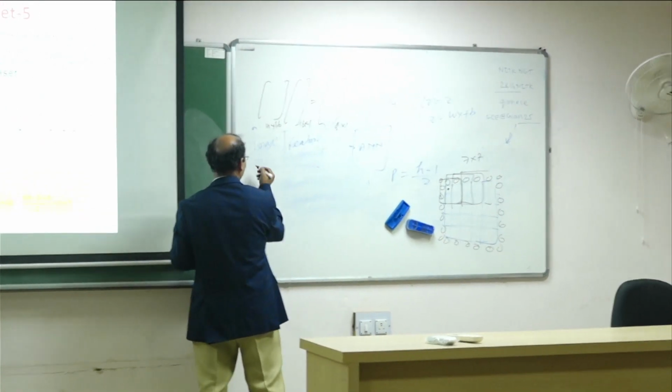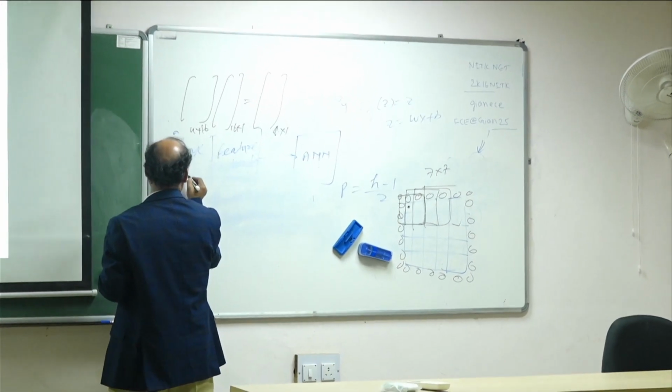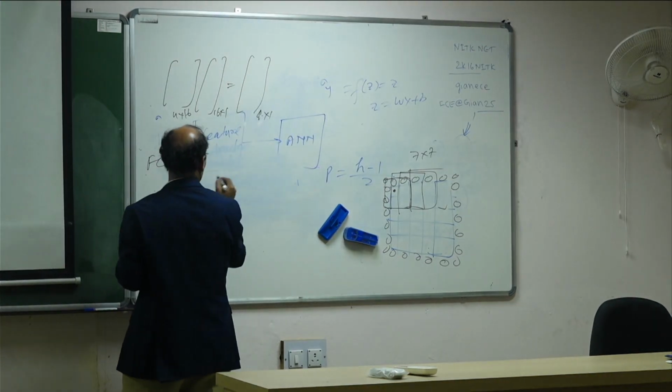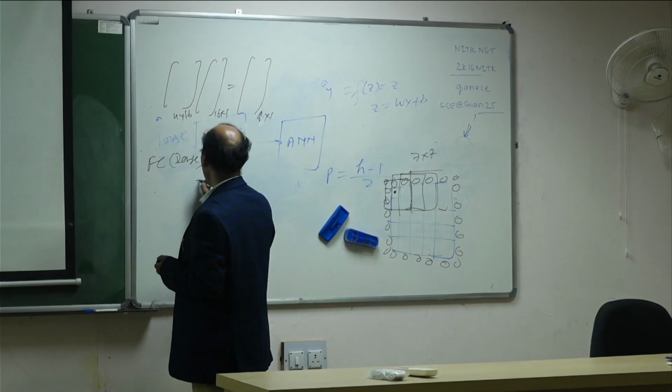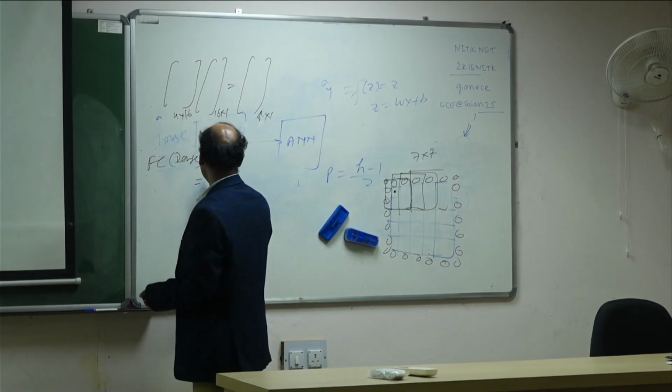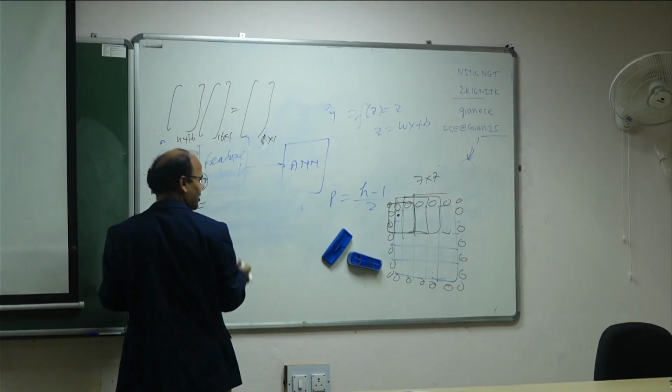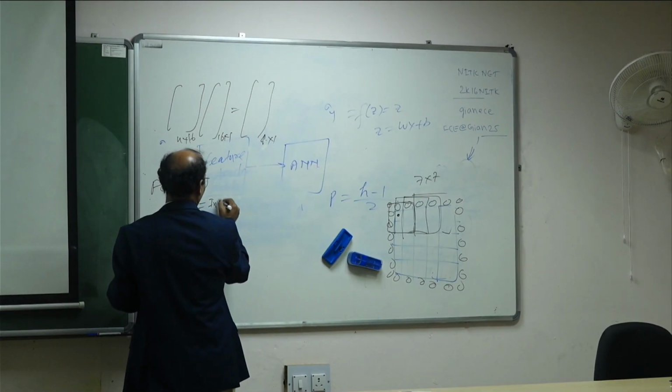So if we have fully connected layers, which we normally call a dense layer, the weights will be the parameters, basically.